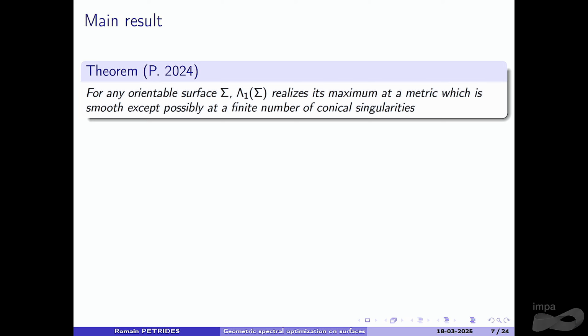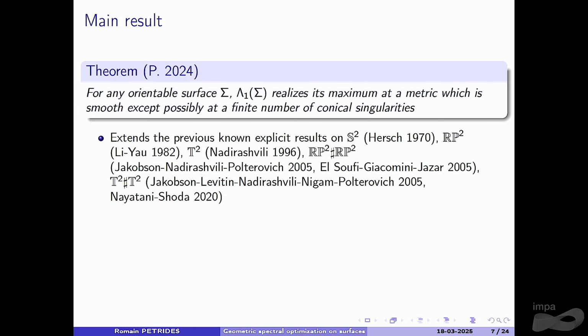And the maximum is realized at smooth metrics except on conical singularities. So let me comment on this result. It generalizes explicit results that were known before on the sphere by Hersch, on the projective plane, the torus, the Klein bottle, and orientable surfaces of genus 2.